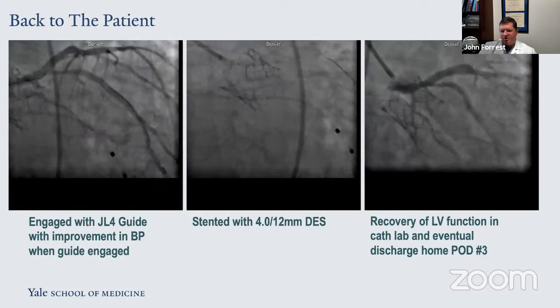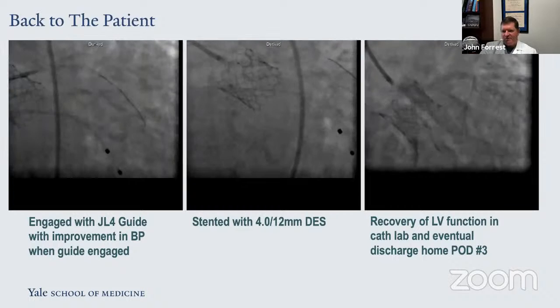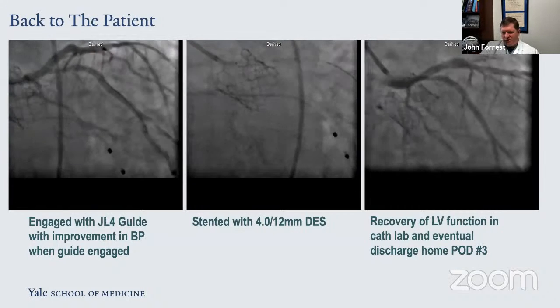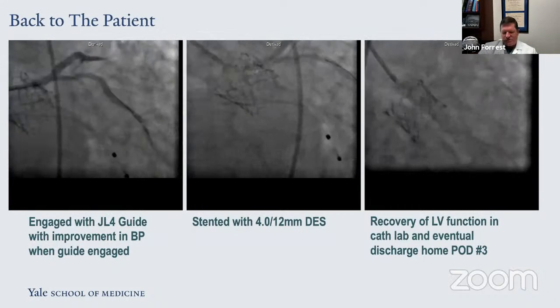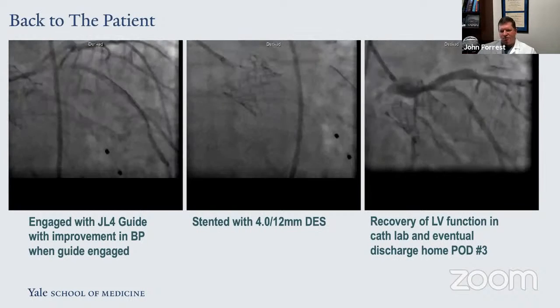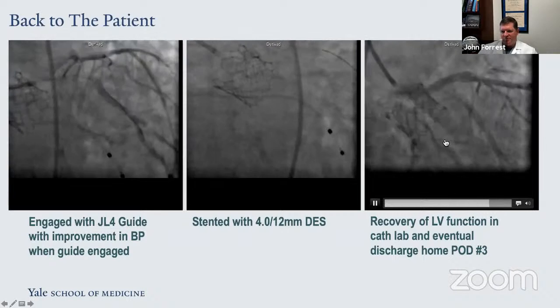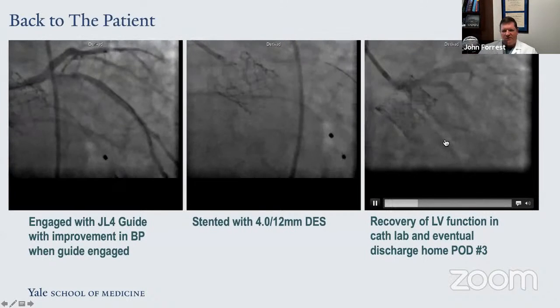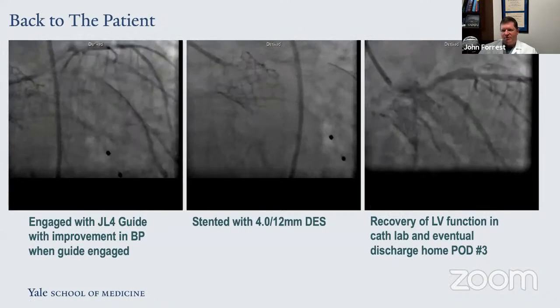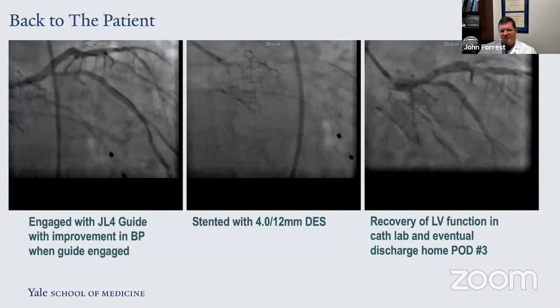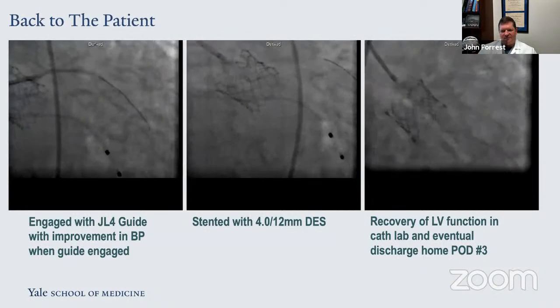Immediately afterwards, the patient went home on post-operative day 3. So, this is one where, because it was just a partial obstruction, we really got a nice result. And you can appreciate now where we're taking this shot, it's wide open here versus that pinhole that was there previously. There certainly is some other coronary disease that had been present from before that we left behind.